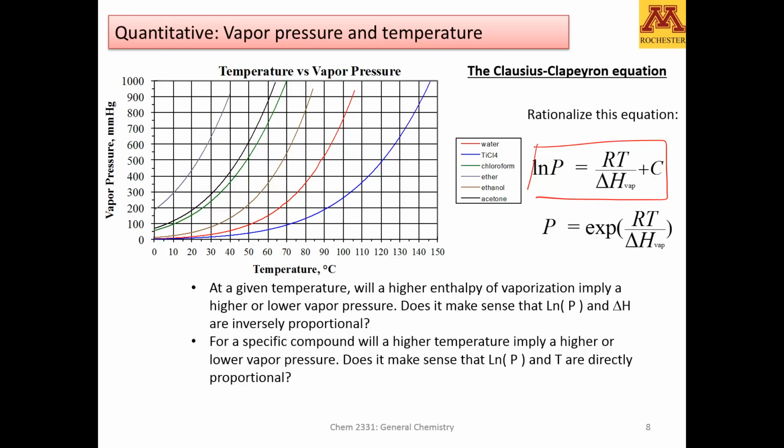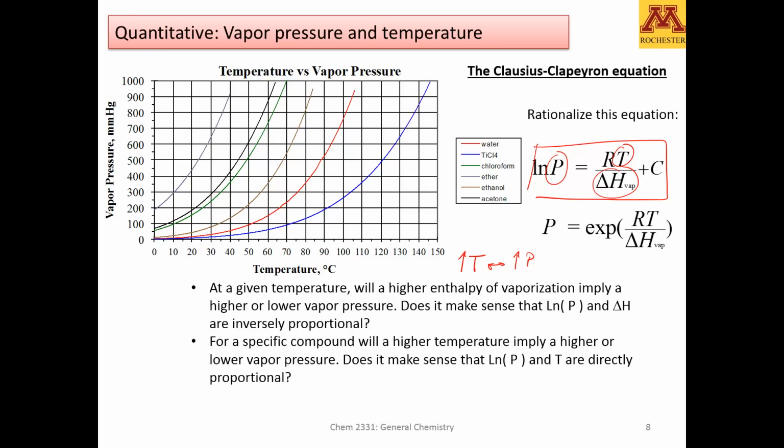First of all, this relates the vapor pressure with temperature and the heat of vaporization, or the enthalpy of vaporization. It should make sense that the higher the temperature, the higher the vapor pressure will be. Okay?